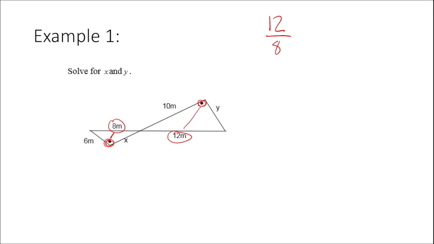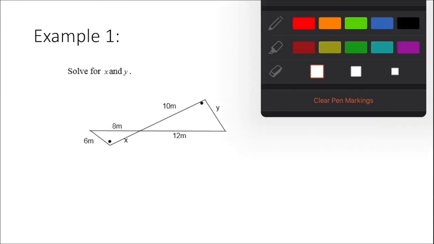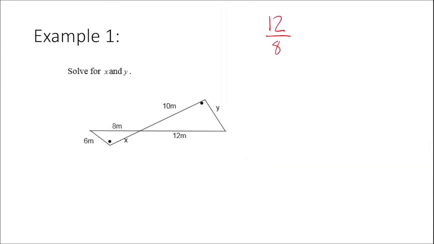And we can map that to this side over here. What's opposite to this angle? Actually, we need to use the larger one. Big triangle, which is y, over small, over 6.